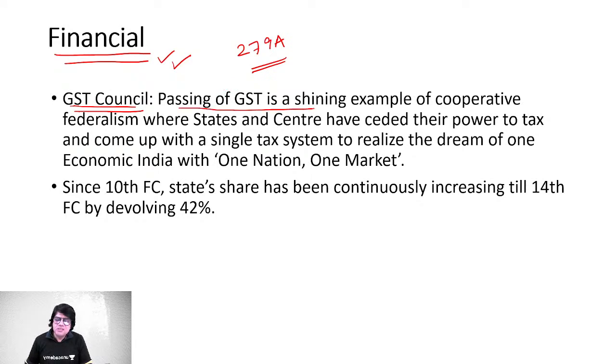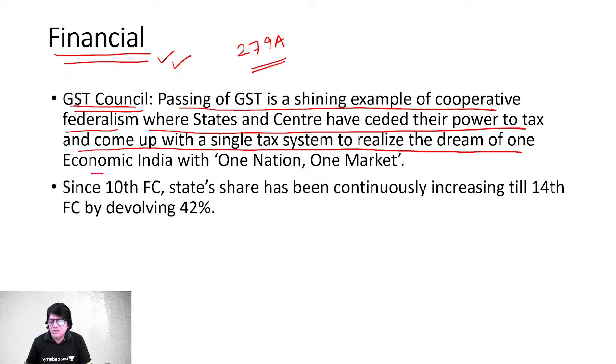And here, the passing of the GST is a shining example of cooperative federalism, where the states and the center have ceded their powers to tax and come up with a single tax system to realize the dream of one economic India with one nation, one market.